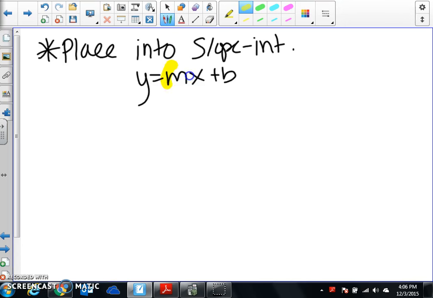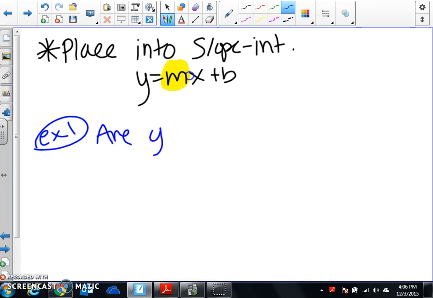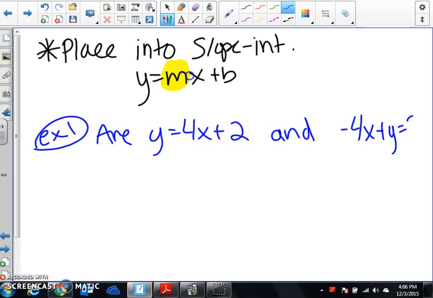We need to be able to pluck out that m and see what the slope is. So they could ask us something like this. Example 1. Is y equals 4x plus 2 and negative 4x plus y equals 7.